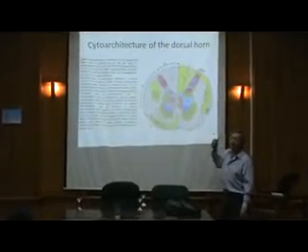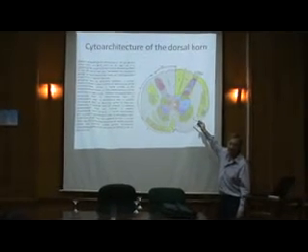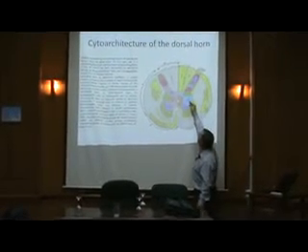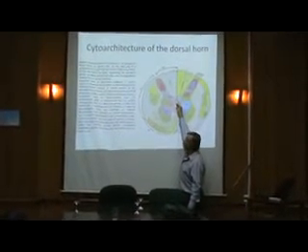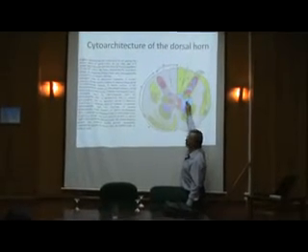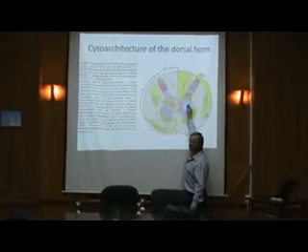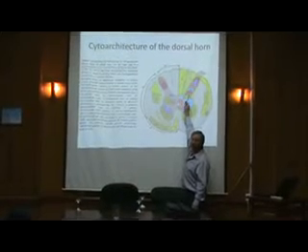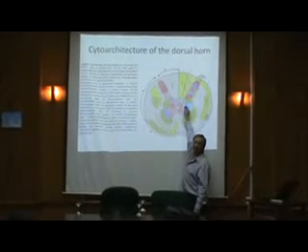Structurally, we can define three parts. One part is between the dorsal sulcus and the dorsal horn. This is called the dorsal column.